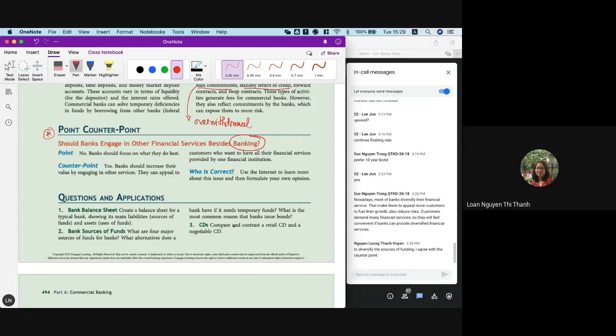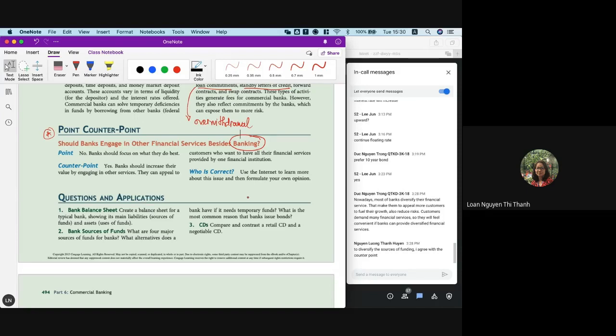And Trọng Đức also agrees with the counterpoint. More important than the answer is that you express the idea or the opinions on that answer. Okay, you agree firms should increase the value by engaging in other services.